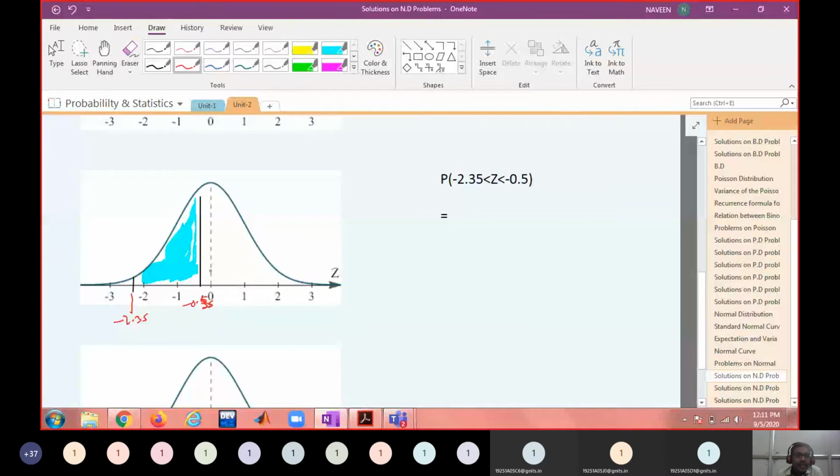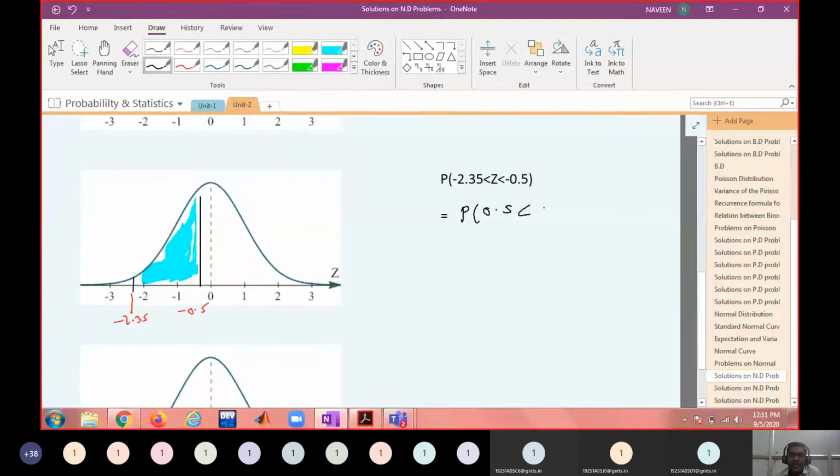So the area from minus 2.35 to minus 0.5 is the same as the area from 0.5 to 2.35. Do you agree? Because the distribution table is only given for positive values of z, I have to convert these negative values to positive values.